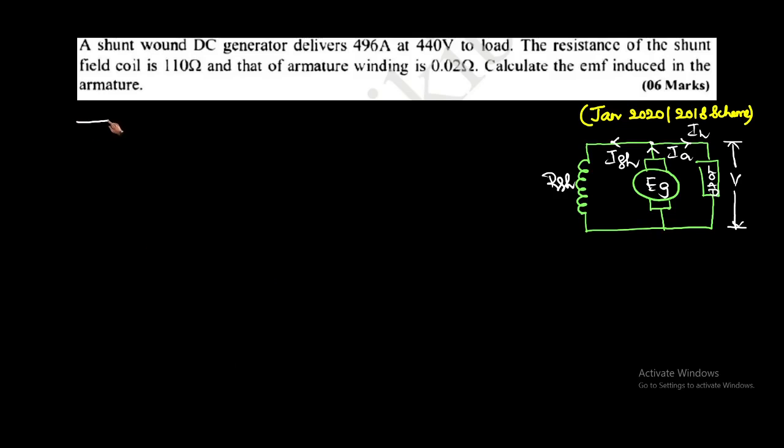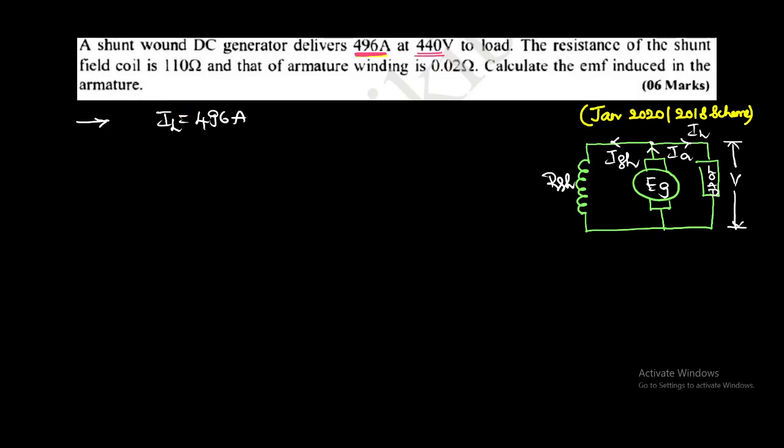And the given information I am writing here. It is delivering 496 amperes, that is the current to the load. So IL we are writing as 496 amperes. Next, it is delivering at 440 volts.